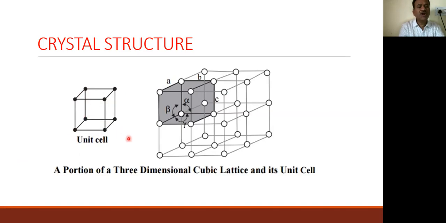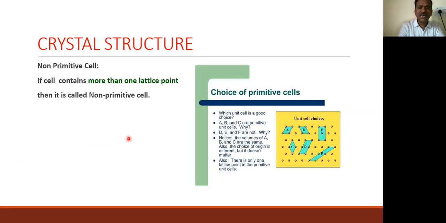Next one is the non-primitive cell. In the case of a non-primitive cell, the atoms are present not only at the corners, they are present at the edges also, in the middle also, or at the center also. Then such cells are called what? Non-primitive cells.